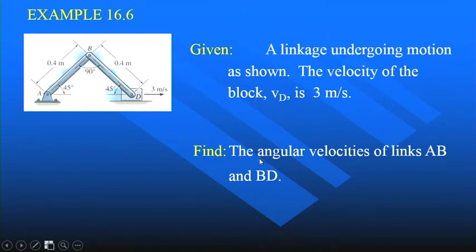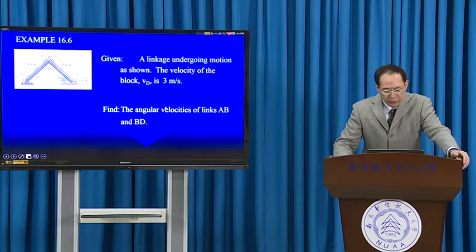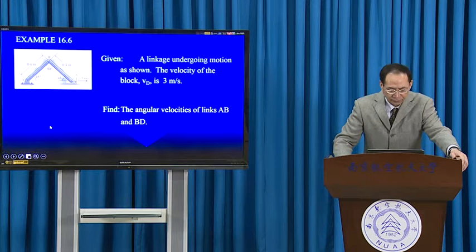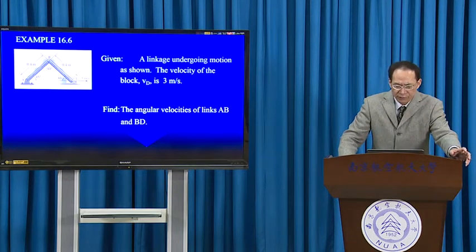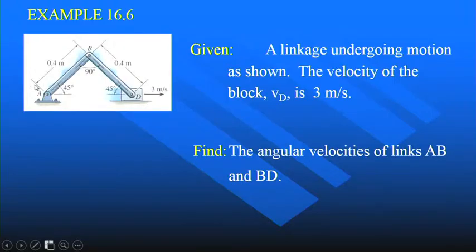Now find the angular velocity of links AB and BD. There are two unknowns to be solved: the angular velocity of AB and the angular velocity of BD. First, we can make a brief analysis of the total mechanism.